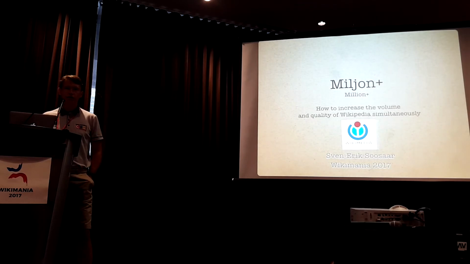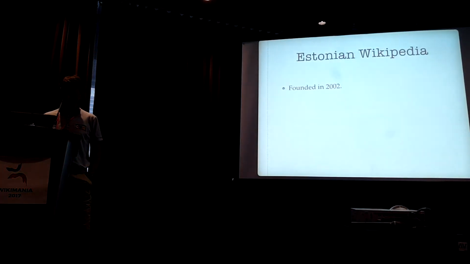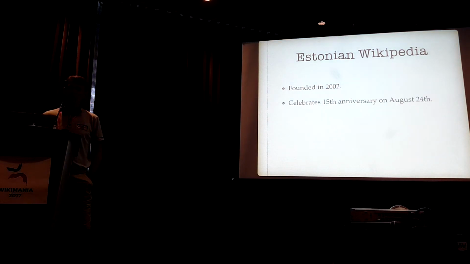So what's the aim of this project? We want to increase Estonian Wikipedia, which was founded in 2002, and it celebrates its 15th anniversary soon. Right now we have only 160,000 articles, which makes 44th place in Wikipedia.